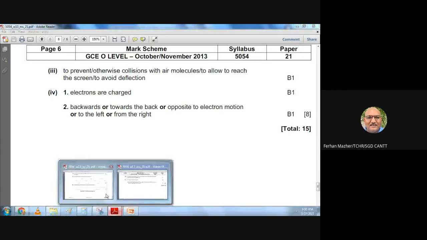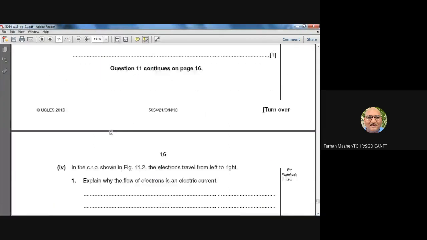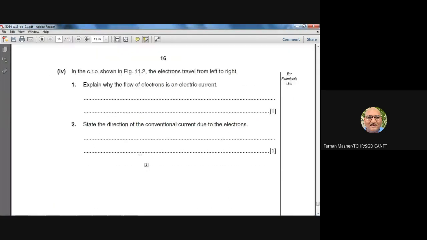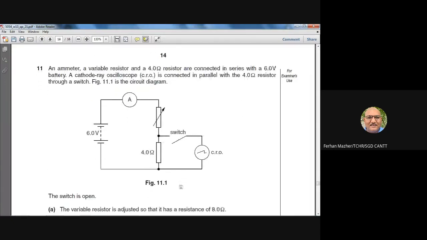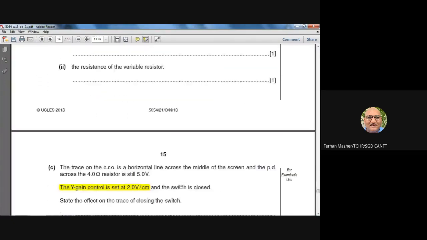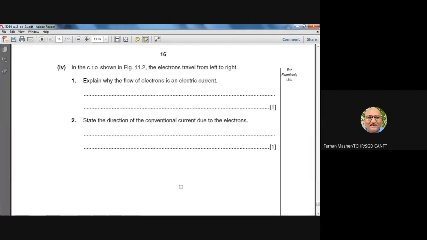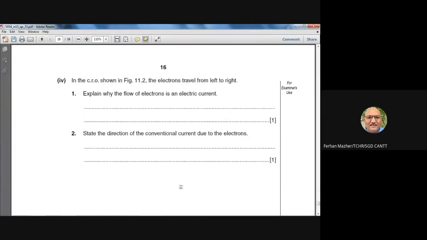So the next question on your screen is: in the CRO shown in figure 11.2, the electrons travel from left to right.